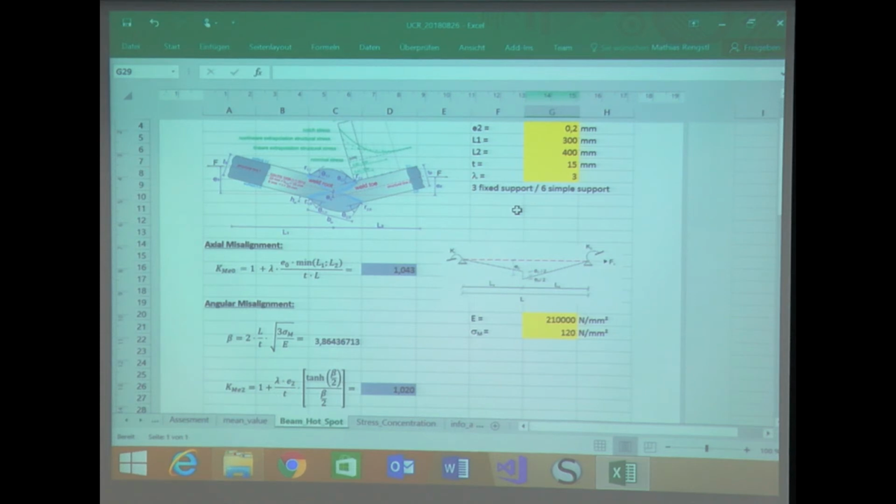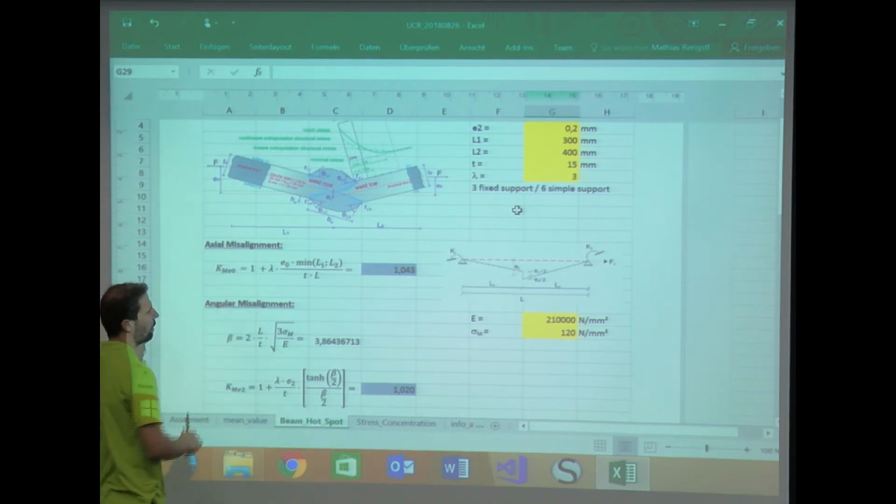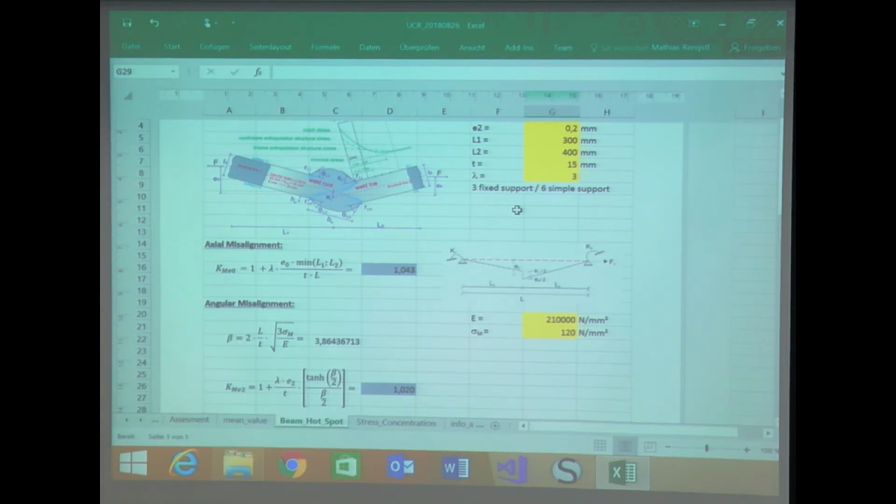So if we now go into the IIW or the basic literature, where we can also find these values, you just calculate it here. We have here our 1, which is just the basic value, the linear elastic situation without any misalignment.